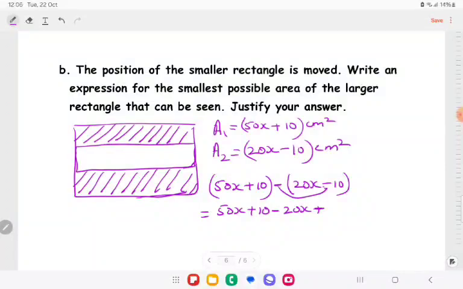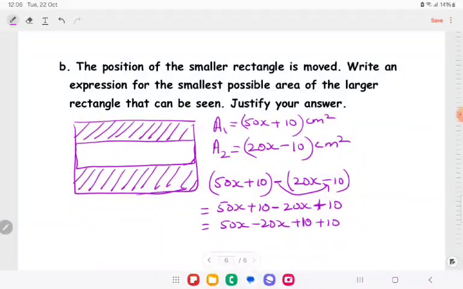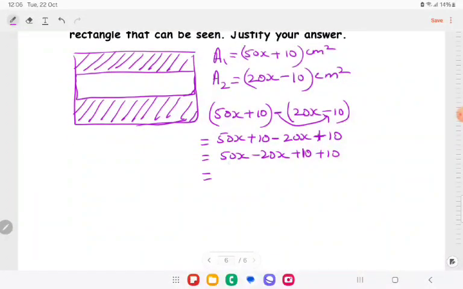So minus and this minus will become plus 10. Bring the like terms together. This is equal to 30x plus 20, which is the area of the shaded part.